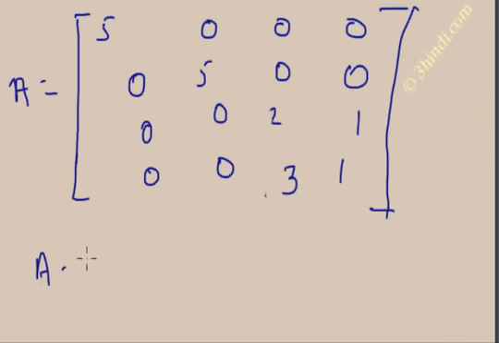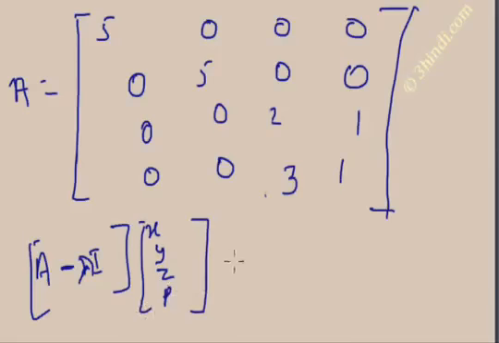To find the eigenvectors, A minus lambda I into, here it is 4 by 4, so x, y, z, p, suppose there are 4 variables, is equal to the 0 matrix. So for lambda equal to 5, I will put 5 minus 5, 5 minus 5, 0.